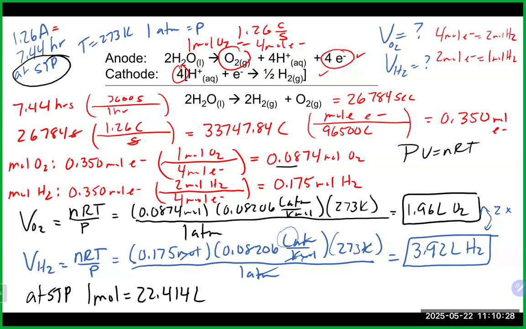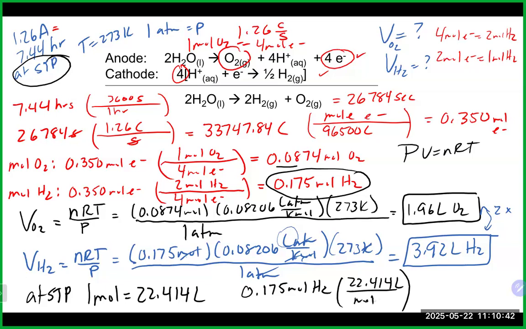So if you remembered that, you could have, for example, taken the moles of hydrogen and just done 0.175 moles of hydrogen times 22.414 liters per mole of hydrogen. Moles will cancel. You could bypass the ideal gas law in this case. Remember that you could only use that conversion if it is at STP. If it's not at STP, you should never use that conversion. So that's always specifically for STP. Otherwise, you can put it into the ideal gas law like we did there.